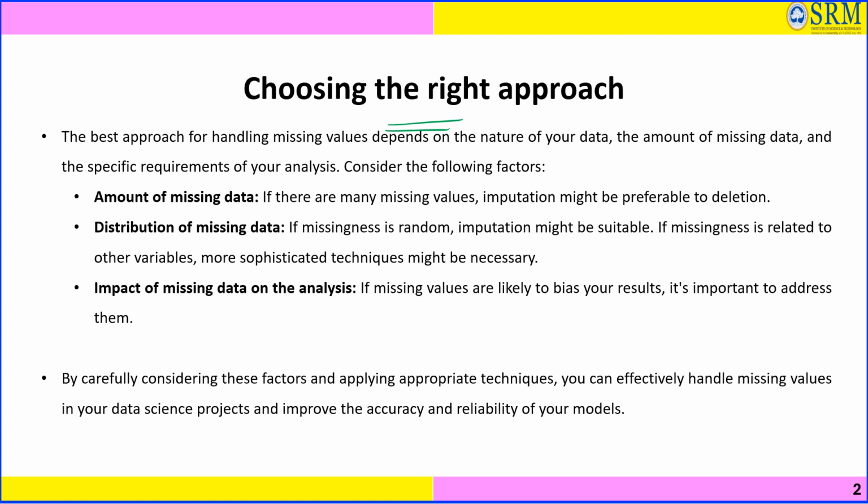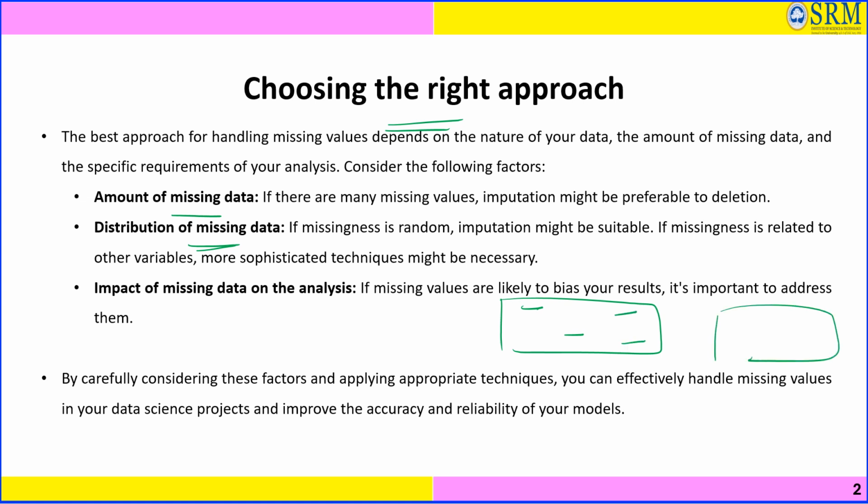Whenever you choose the right approach, you have to consider this. First, you have to find out how many data are missing, the number of missing data, and then how it is distributed. Suppose it is a big column, so here a NaN value, here a NaN value, here a NaN value. So this is a distribution.